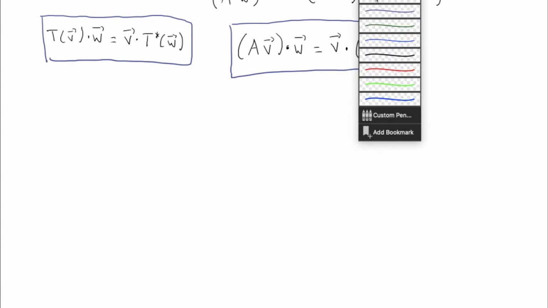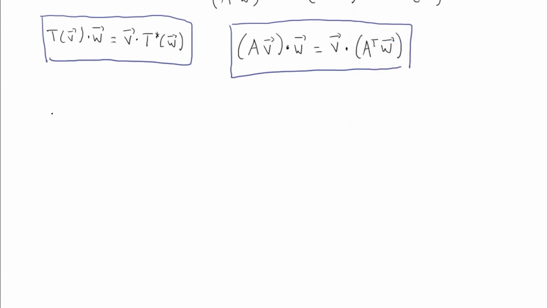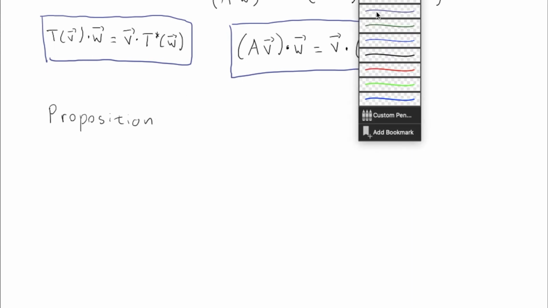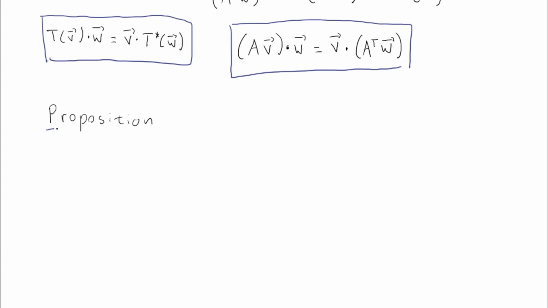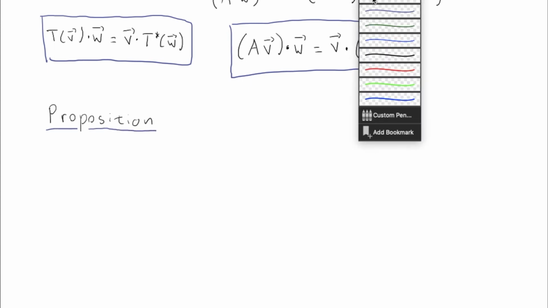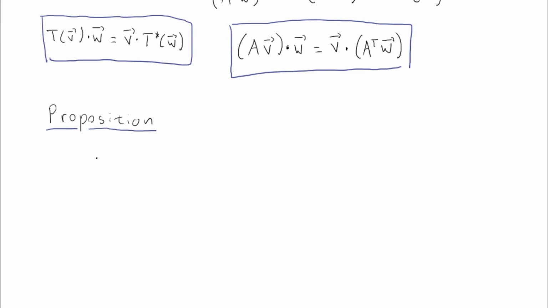Now, the good thing is that this identity lets us characterize what a symmetric linear operator is. But you can say the following. I'm going to write it as a proposition. So we said an operator is symmetric if its associated matrix is a symmetric matrix. Right? So A is equal to A transpose.